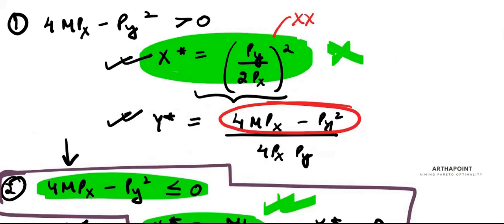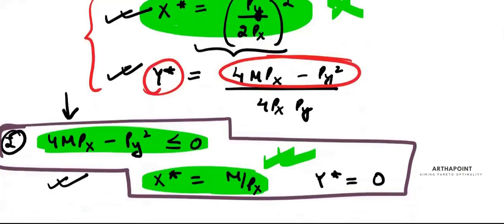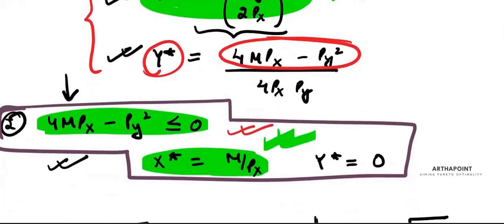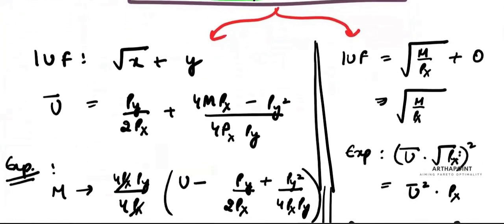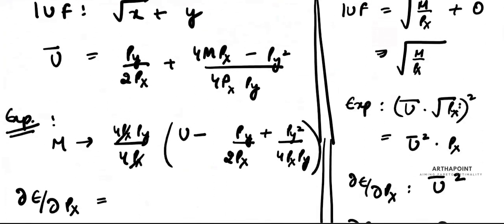So x will be m by px and not py by 2px whole square. This holds as long as you consume y also. Otherwise, this is your Marshallian demand. And accordingly, you will get two cases to find indirect utility function, expenditure function and Hicksian demands. So you have to be very careful while analyzing this question.